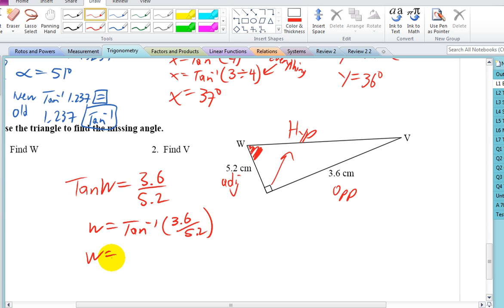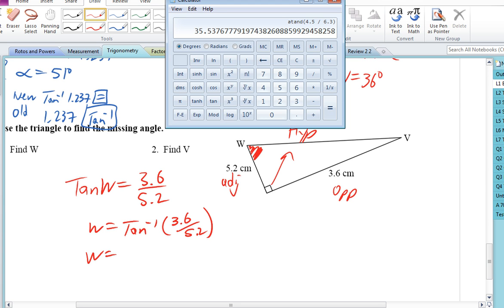And then I'm looking for the answer. How many marks is this question out of? 3. Please try and get 3 marks. Okay. Once you have it written down, then try it on your calculator.